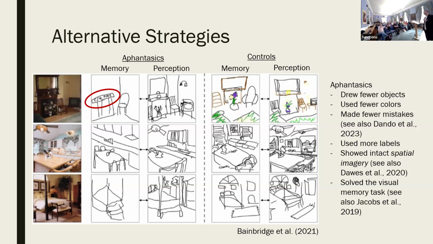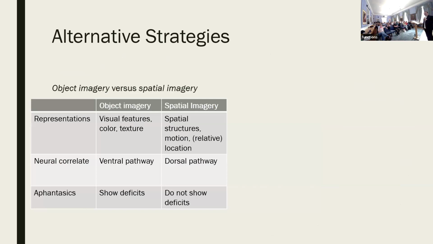However, you might still be a little unsure about what to think about spatial imagery. I think what might be helpful here is an actual comparison between what is referred to as object imagery and spatial imagery. Both of these are seen to be part of visual mental imagery. Object imagery essentially involves representations of visual features, something like color or texture.